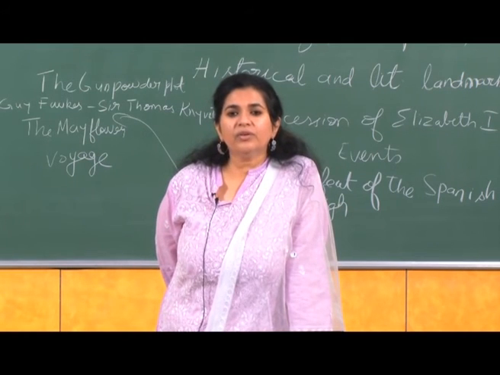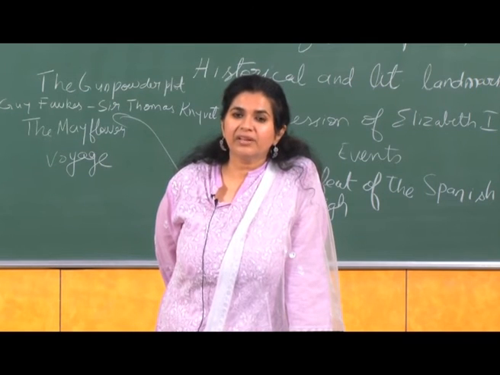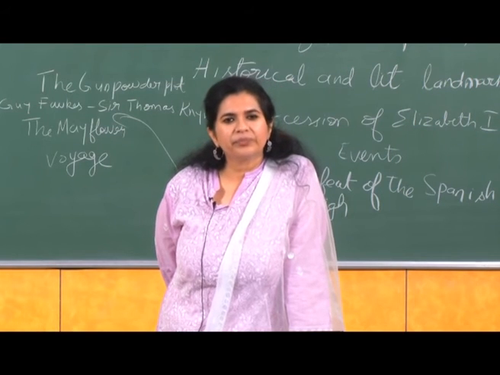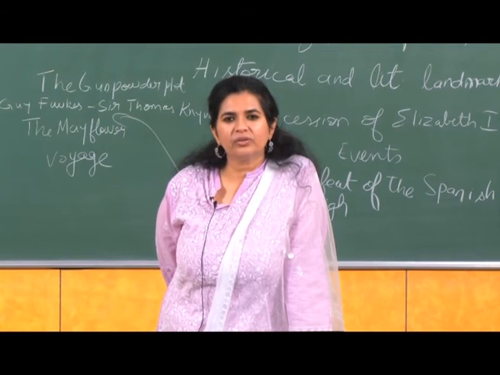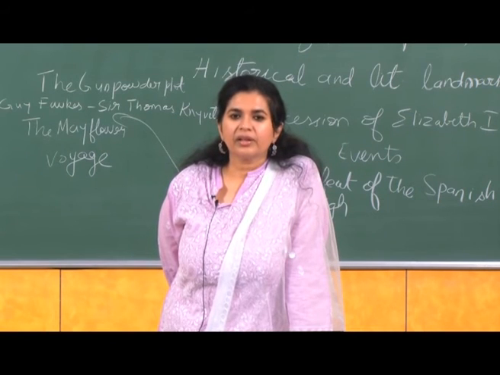Now, Anne was executed in the Tower of London. Ironically, that was the place where she was placed before her marriage to Henry VIII, and she was executed in 1536 in the same Tower of London.